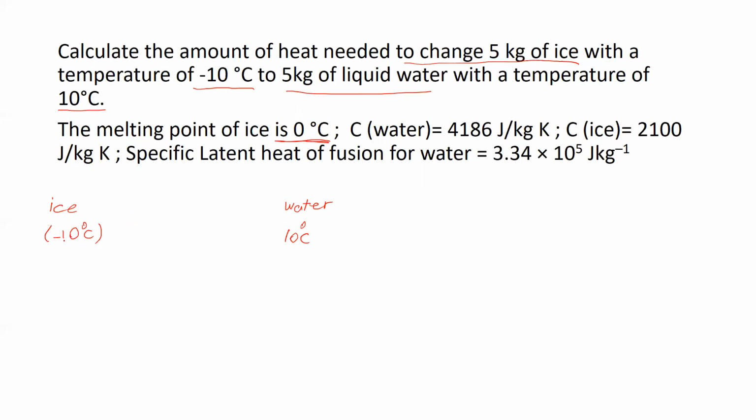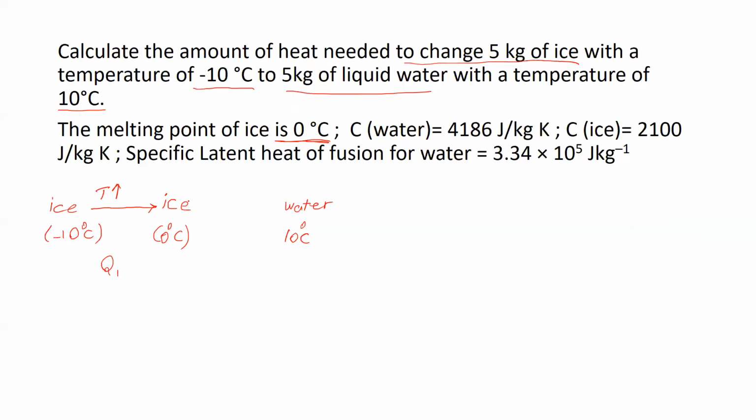So it means when you have ice at minus 10 degrees Celsius, first you need to heat the ice to increase its temperature to 0 degrees centigrade. To increase temperature, you need to give heat. I name this heat Q1.